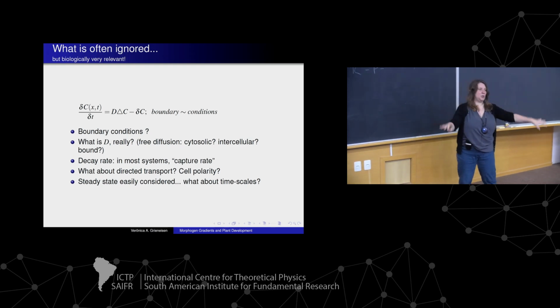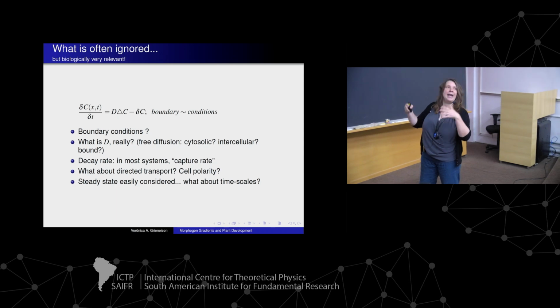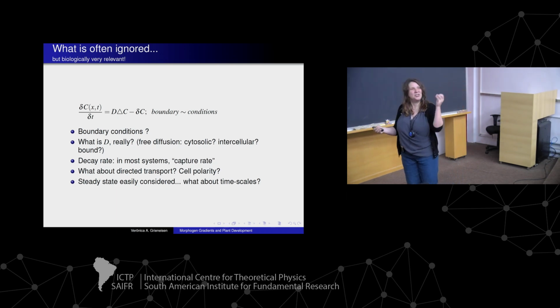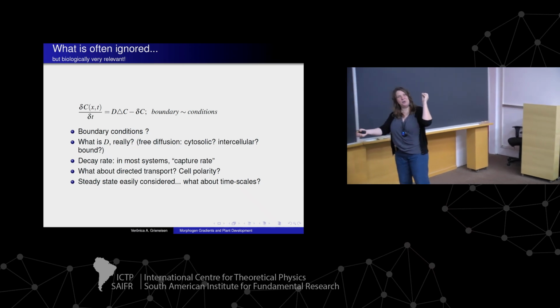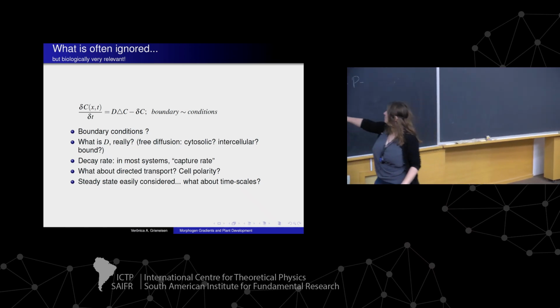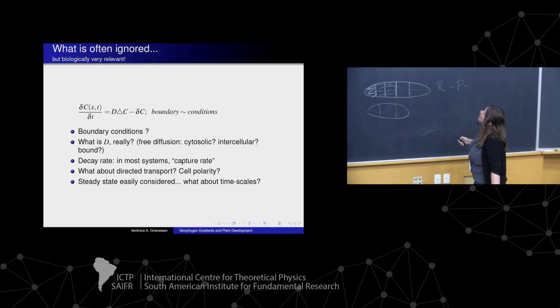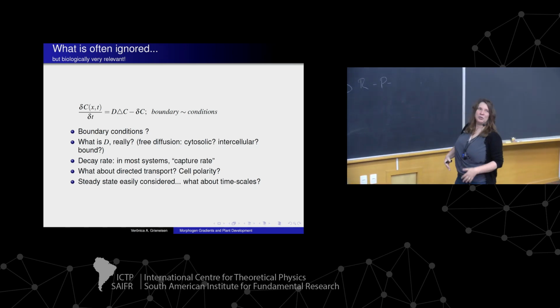So many physicists work on how to actually predict your length scales. Is it really the case that things are just produced in one location and degraded at a strictly different place, or is it degraded everywhere constantly? What does diffusion really mean? Are we talking about free diffusion?